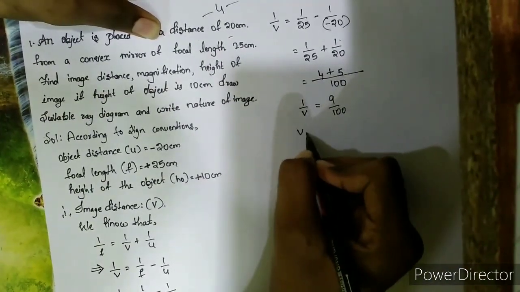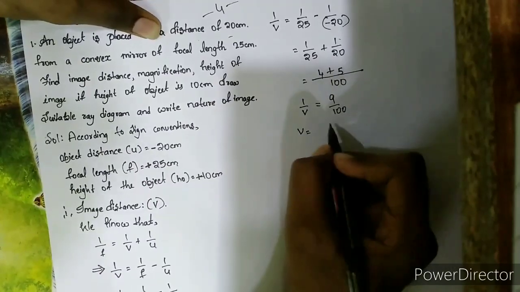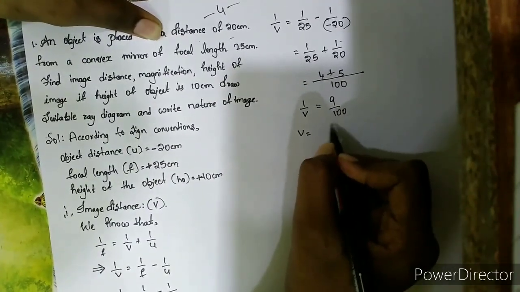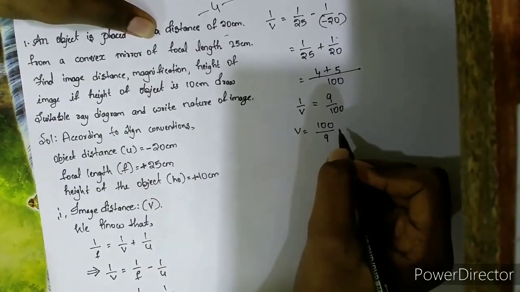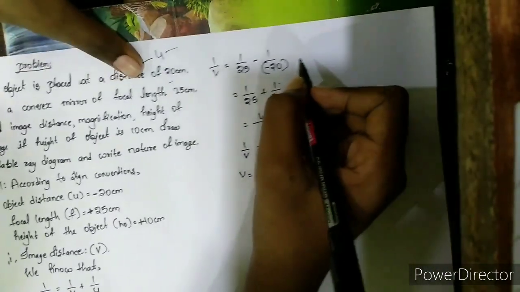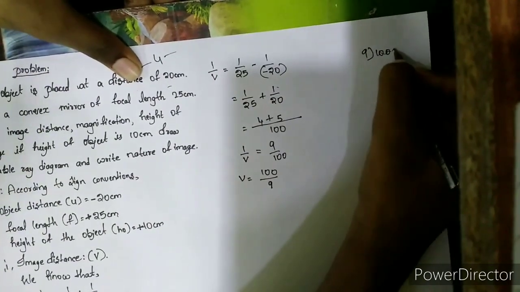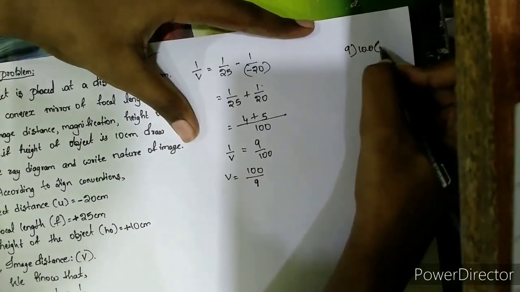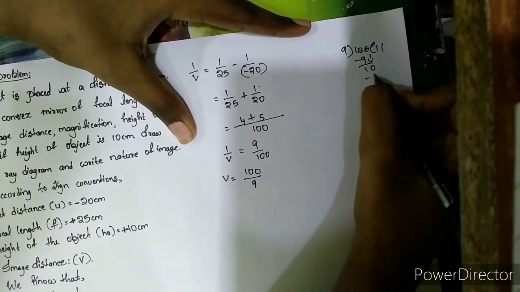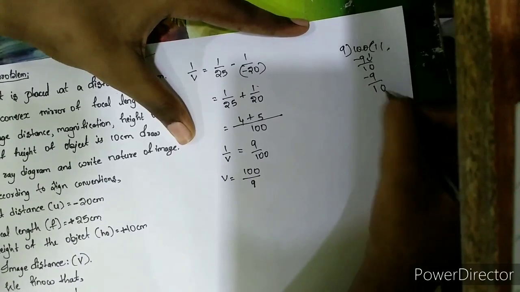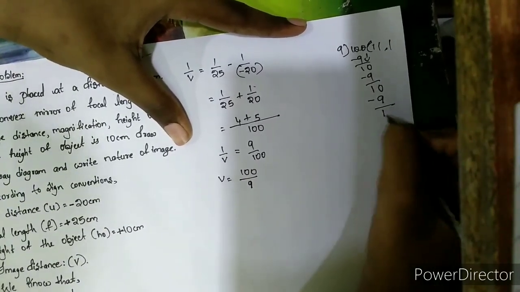Now V is equal to, this will be transposed, so 9 by 100 will become 100 by 9. Now if we divide 100 by 9, let us see what is the answer. 9 ones are 9, remainder 1. 9 ones are 9, remainder 1.